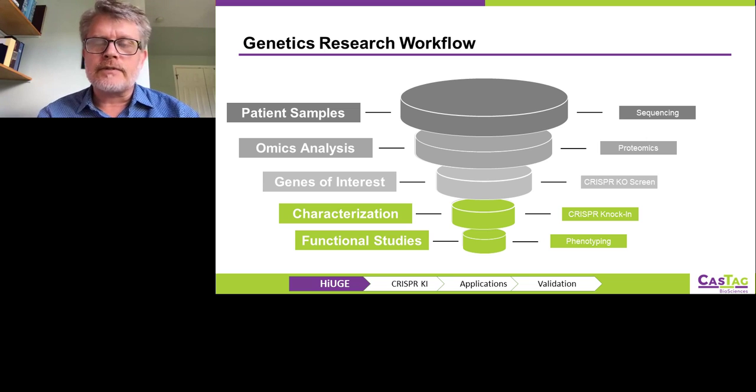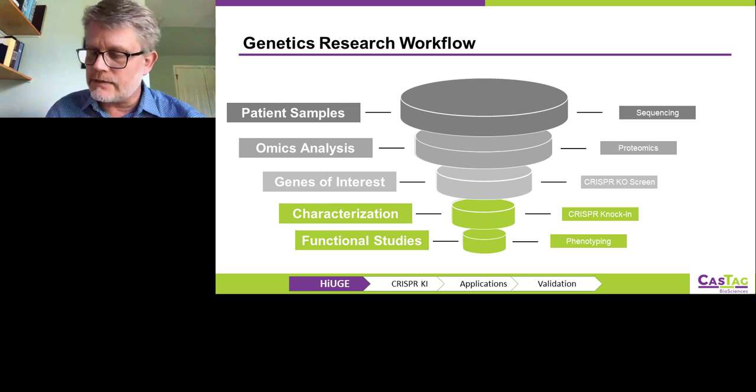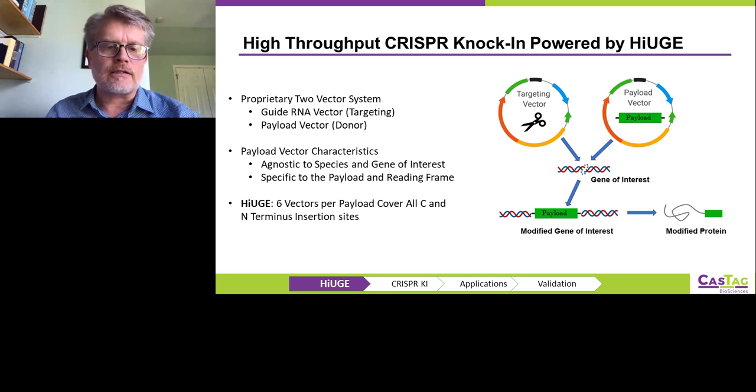And we really realized that we needed higher throughput technologies that allow us to do this type of CRISPR knock-in analysis and functional analysis. And this led to the development in our laboratory of a new technology that's now being marketed through CASTag Biosciences.